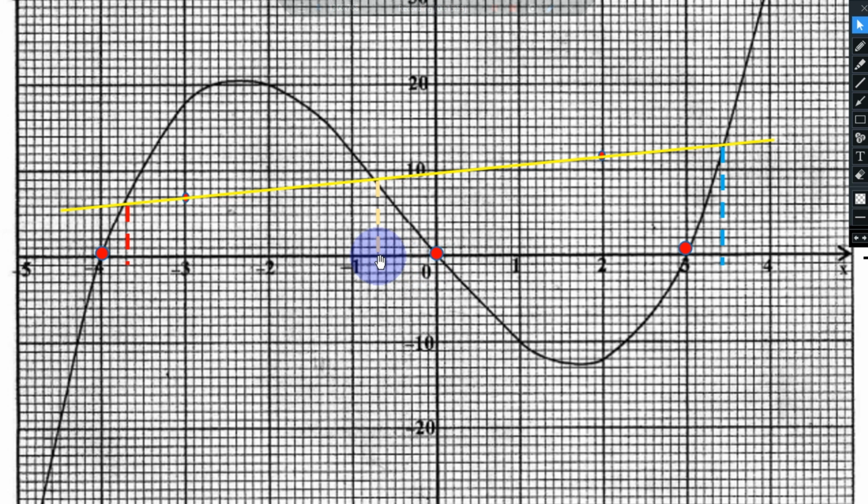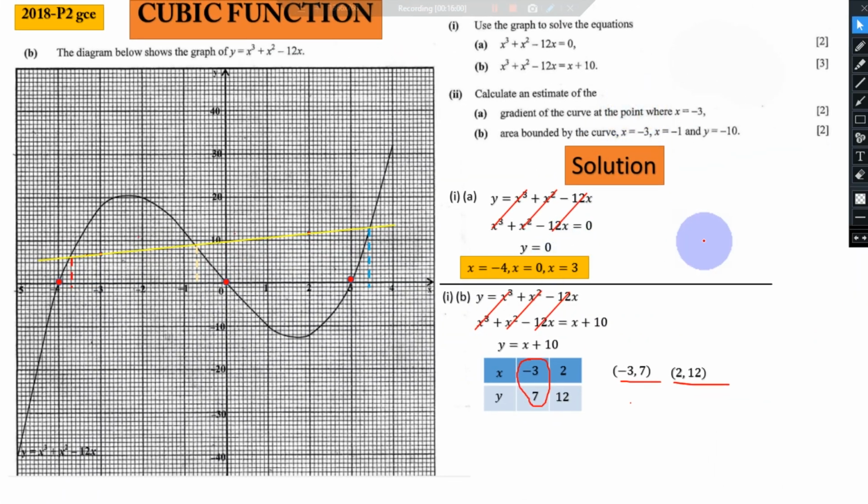So negative 0.7. Then here 3.1, 2, 3, 4. So 3.4. Those are our solutions. That is finding or solving the equations using the graph.